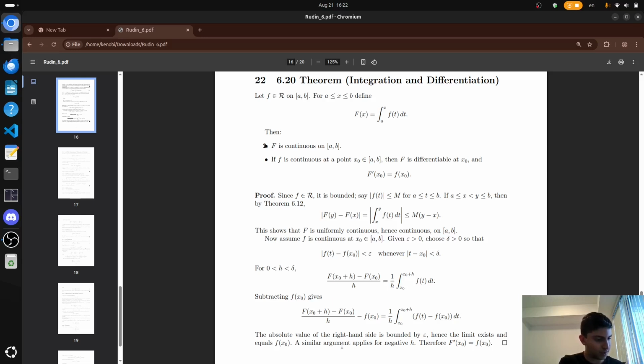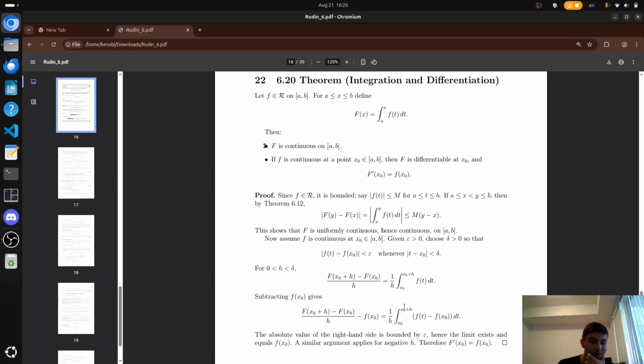Okay, so you could say that you need to use the fundamental theorem of calculus here to say that this is f of x naught times t, and then apply it on these endpoints.